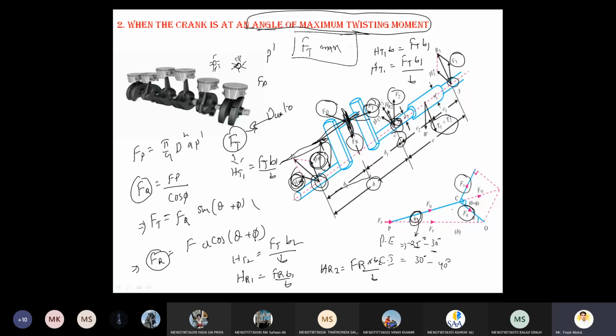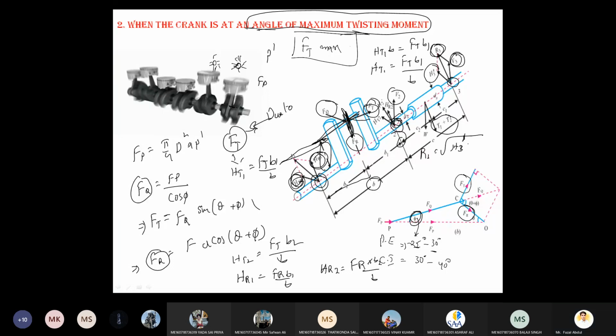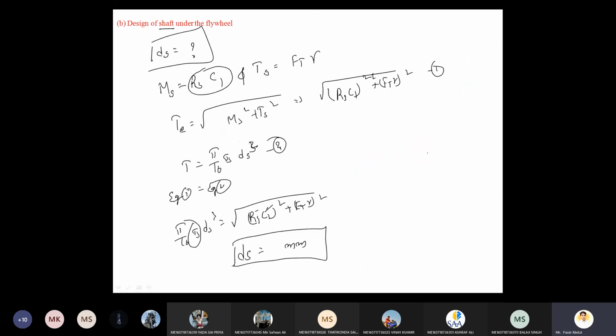R3 means, due to the weight of the flywheel, H3 dash and V3 are acting, and the resultant is R3. So what is R3 here? Square root of H3 dash square plus V3 square, that is R3.